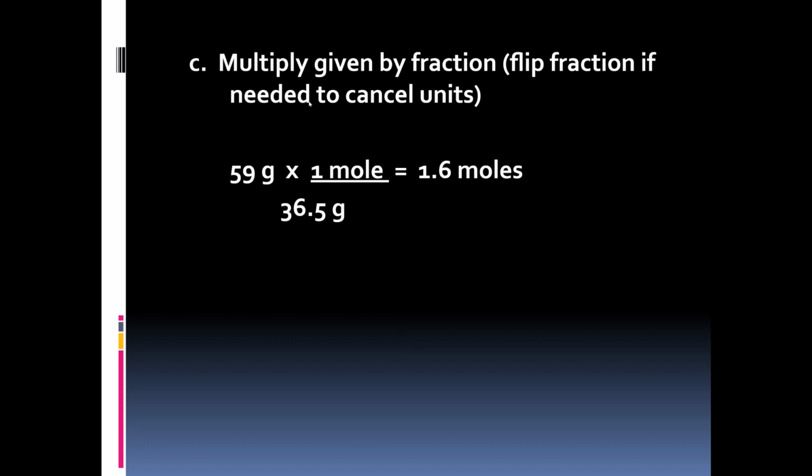You'll flip the fraction if you need to cancel your units. Since we have grams on top here, we need to have grams on the bottom for the next one so that they can cancel out. So the 1 mole goes on top this time. As you can see, this will cause our grams to cancel out, leaving moles as our unit at the end. We're basically just dividing how many grams we got by how many grams 1 mole is, so that we can say there's that many moles, which turns out to be 1.6.